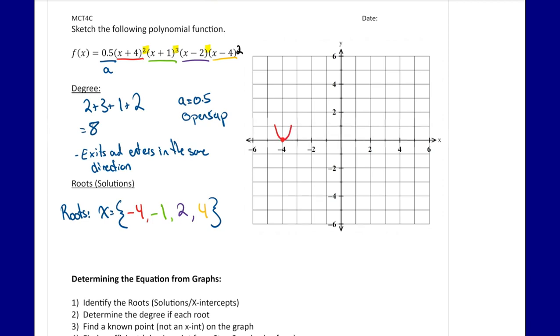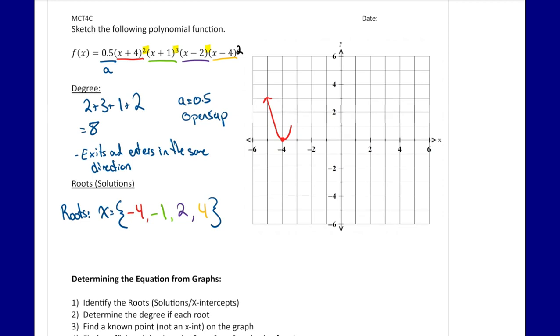The reason it's looking like this is because it's a positive degree, so it enters and exits in the same direction, and it opens up. So this would be it opening up. I'm going to draw an arrow on the one side. I'm not going to draw the arrow on the other side, and we'll talk about why, because we haven't finished the graph.